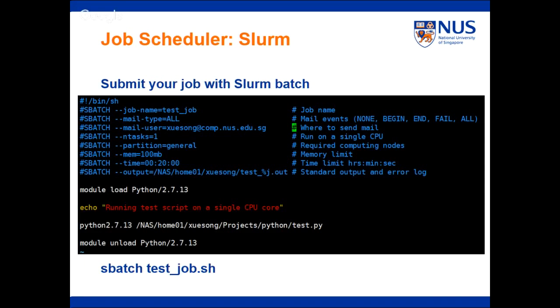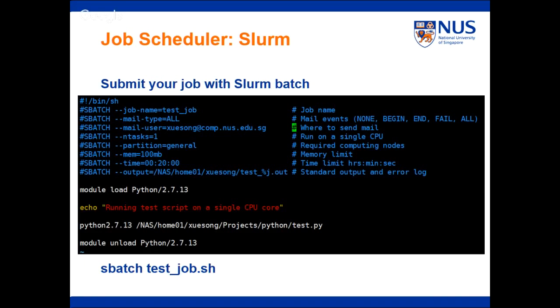They have different usage with different time limits for the maximum length of a job. And I want to apply for a memory size of 100 megabytes and a running time of 20 minutes. The last line is the output, the file where you want the standard output to be printed, like the error logs and the things the system prints on the screen.